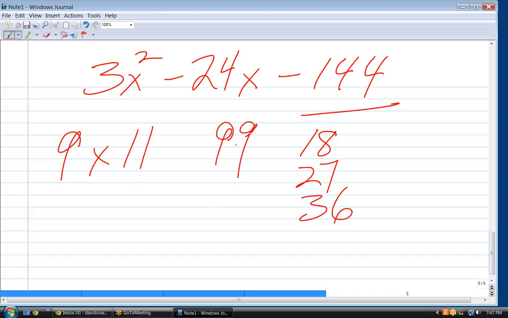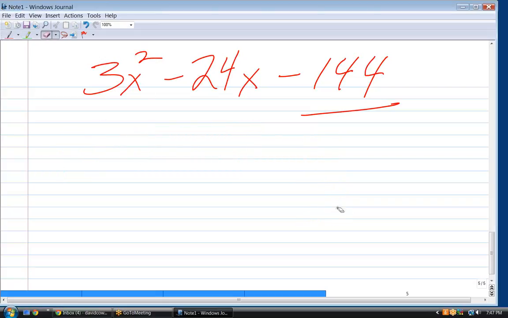What does that add to? 18, which adds to 9. So if a number's digits add to something that is divisible by 9, then it's divisible by 9. And that's one way you can tell if a number is divisible by 9.